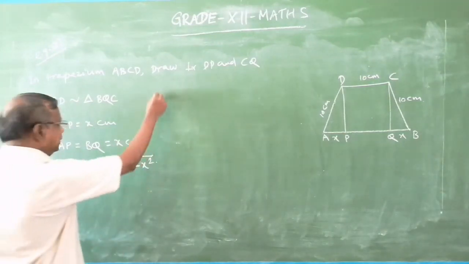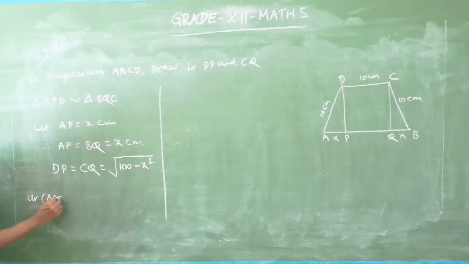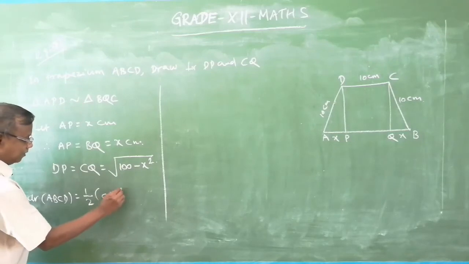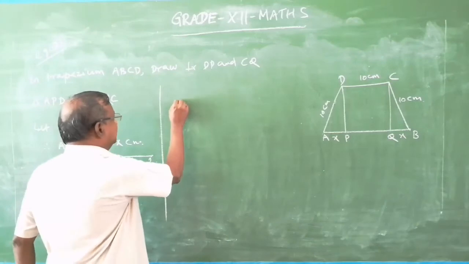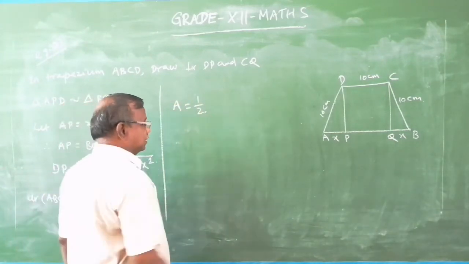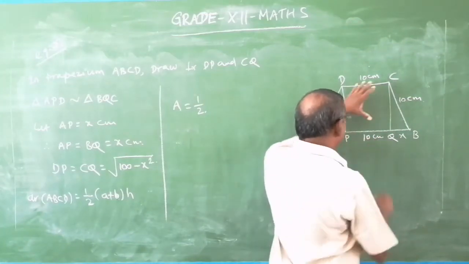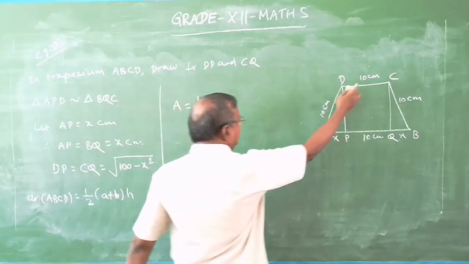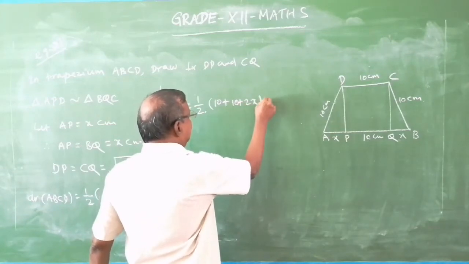We know that the area of trapezium ABCD is equal to half into (a plus b) into h, where a and b are parallel sides. So A equal to half into the sum of the parallel sides, 10 plus 10 plus 2x, into altitude.